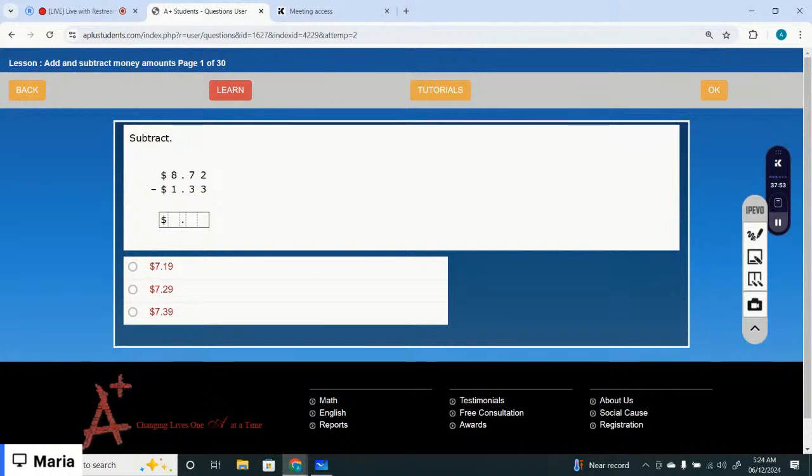8.72 minus 1.33. So which is the correct option?